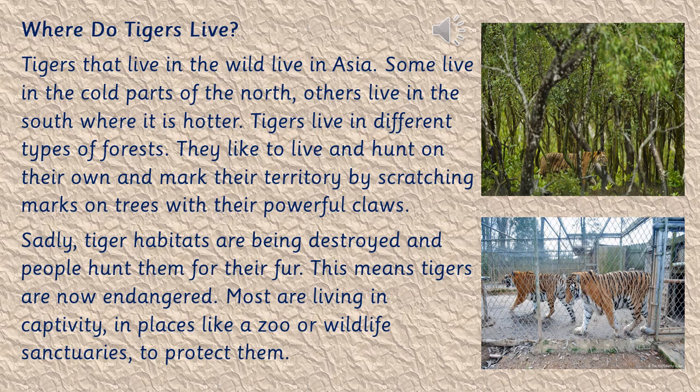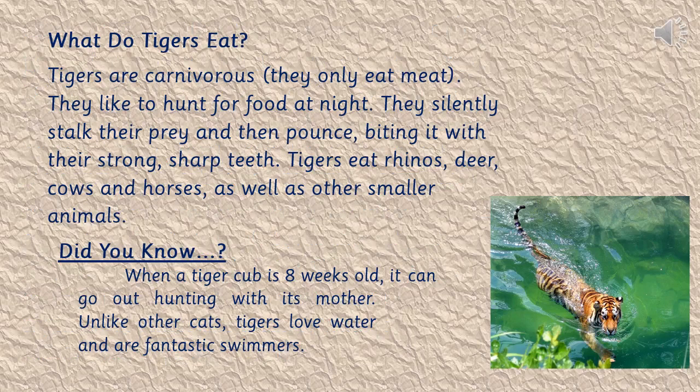So many people have taken tigers into captivity and they have kept them in the zoo or wildlife sanctuaries, but in other ways they are trying to protect their numbers so that they should not die. They are trying to give them the proper living habitat and the proper eating habit so that they can survive. What do tigers eat?